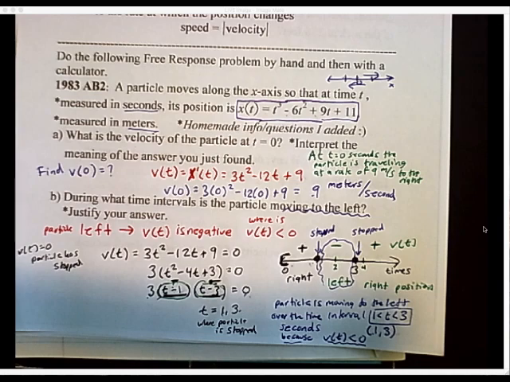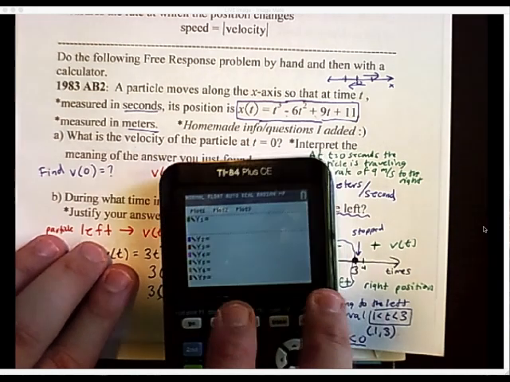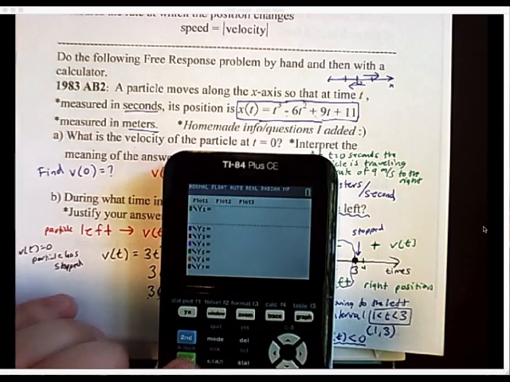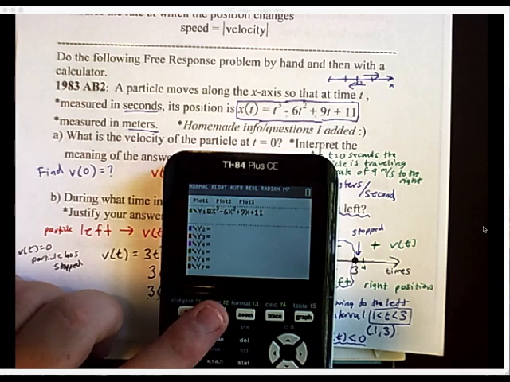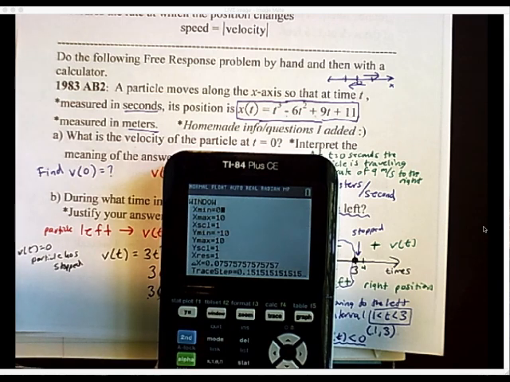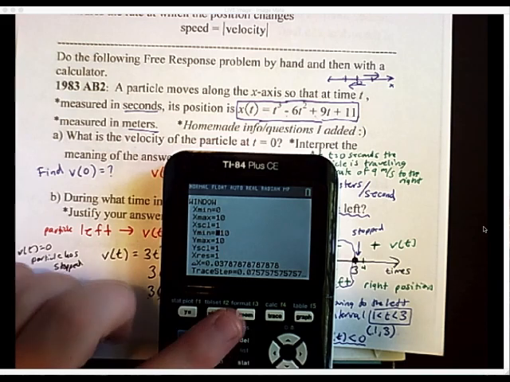Now let's verify this in our calculator. I'm going to put the position function into y1, but I'm going to use x's instead of t's. X cubed minus 6x squared plus 9x plus 11. Remember my x is like time, so 0 to 10, and then I'm going to do a zoom fit.